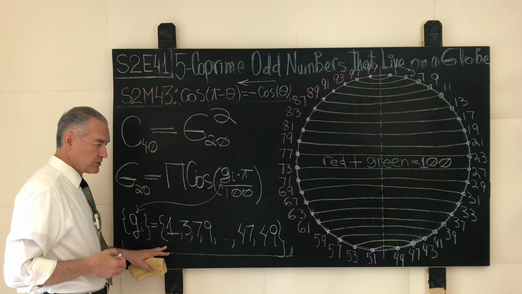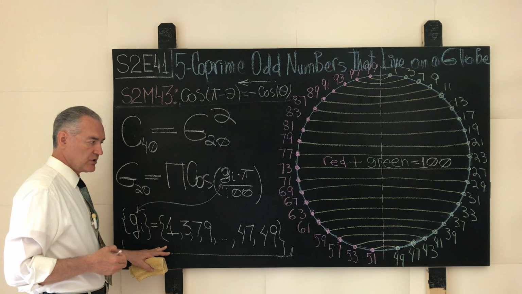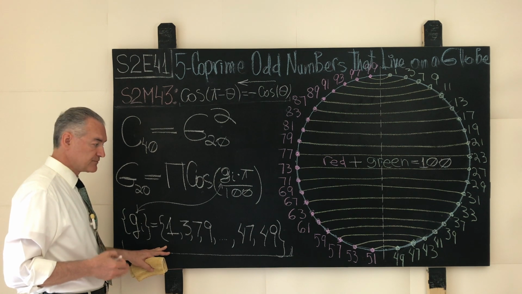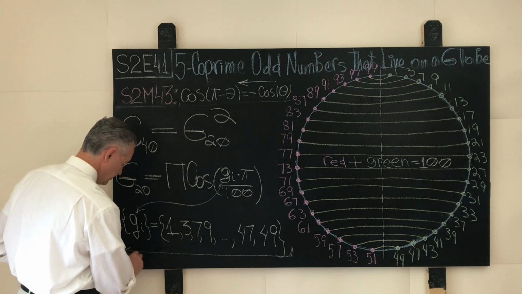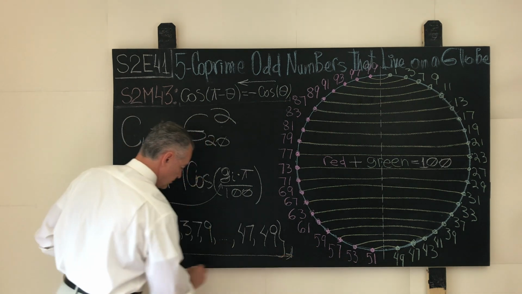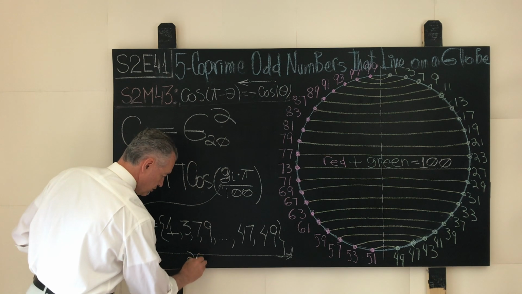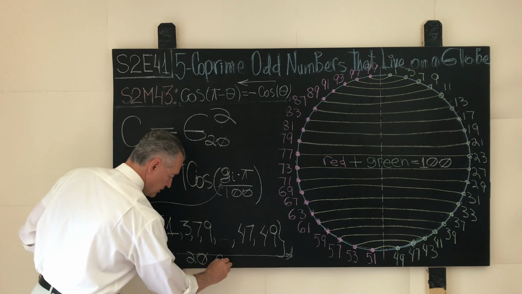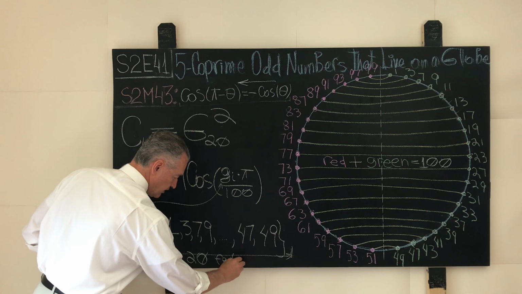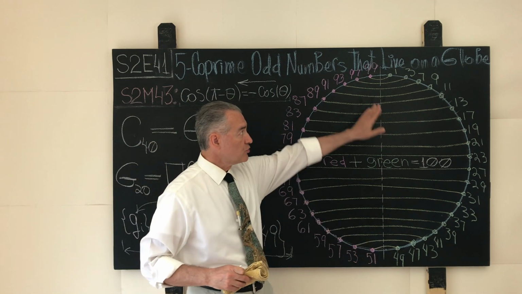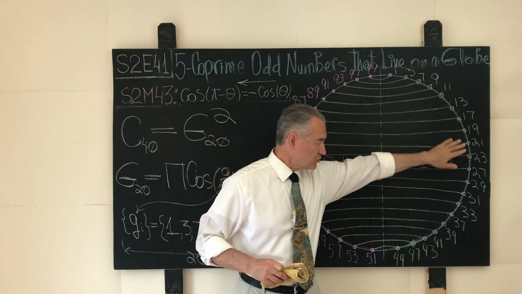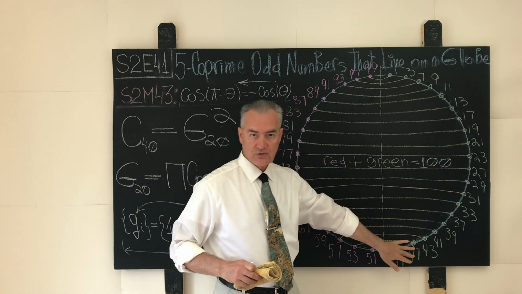By Euler's totient function evaluated at the point n equals 50. Right, exactly. Let me write it down here just to make sure. There will be 20 factors or 20 numbers, and these numbers are shown over here. There is no mystery. 1, 3, 7, 9, 11, and so on. 27, 29, 43, 47, 49.